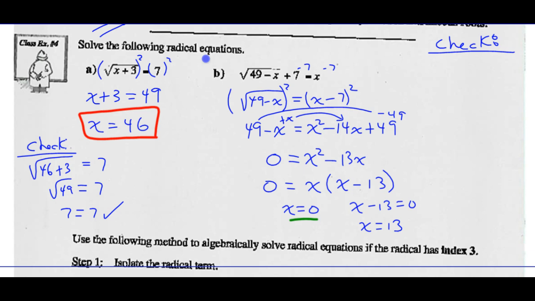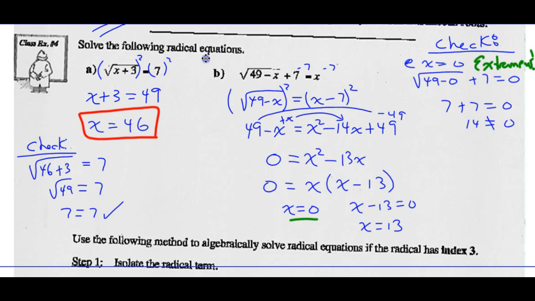At x equals 0, I've got the square root of 49 minus 0 plus 7 should equal 0. So the square root of 49 is 7. 7 plus 7 equals 0. That is not true. 14 doesn't equal 0. So this is not a good solution. It's extraneous.